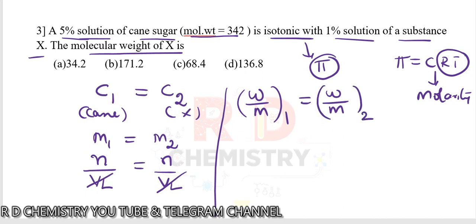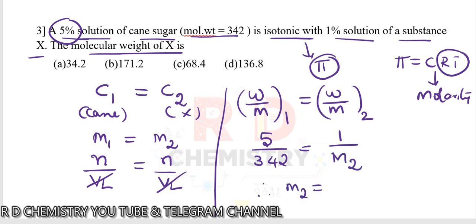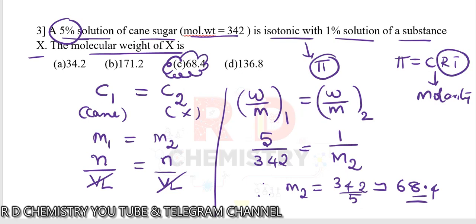Okay. So they are given 5 percentage. 5% means 5 grams divided by molar mass of cane sugar given 342 is equal to W2. 1% means 1 gram divided by the molar mass, which is unknown. Let it be M2. Then when you calculate, M2 is equal to 342 divided by 5, that is approximately equal to 68, comes 68.4 exactly. So the answer is option number C. Okay, fine.